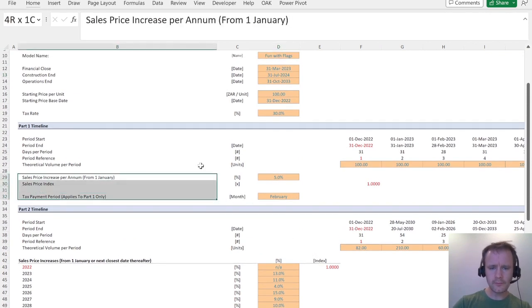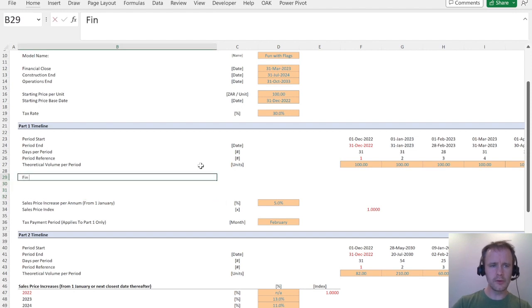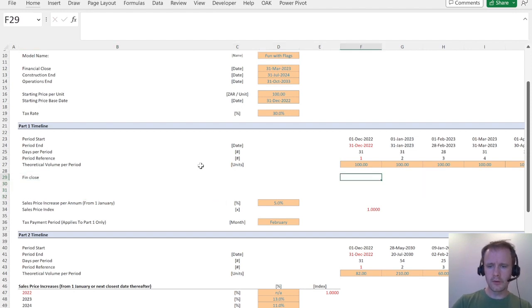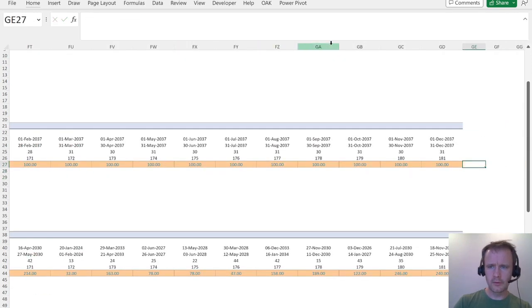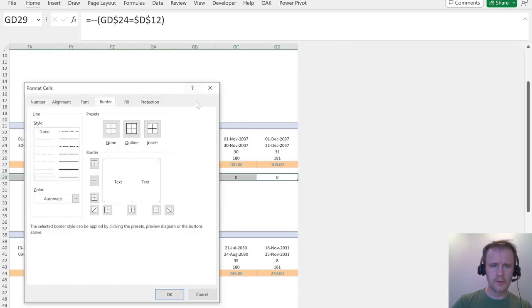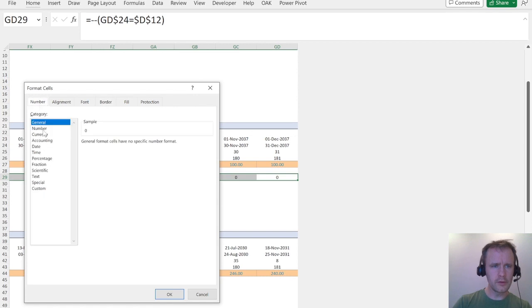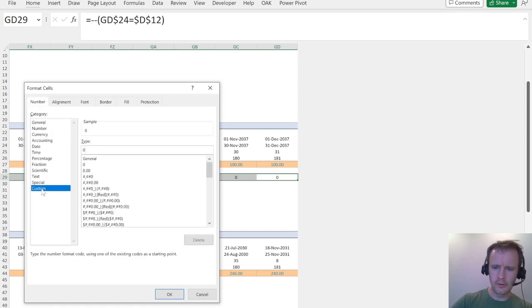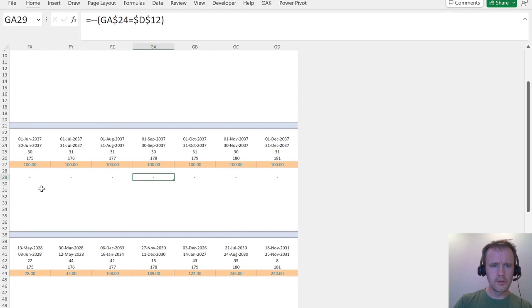Okay, so fin close. That's going to be minus this equals this. Let's hide after the end. And let's format all these flags as that.